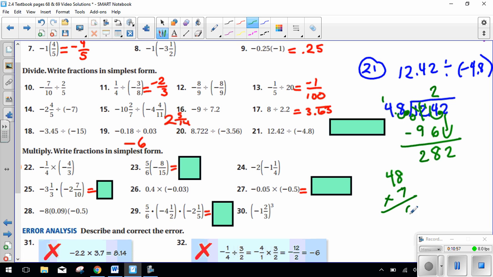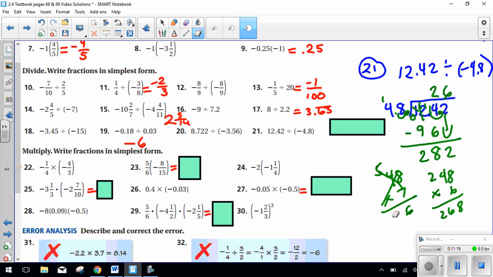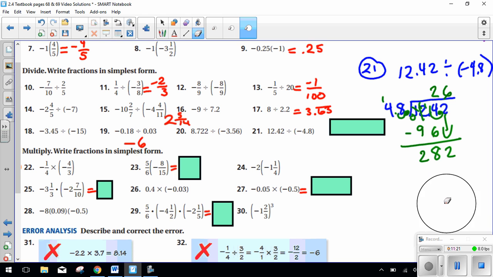Let's try 7. That's 28. Okay, so that's too big. Let's try 6. That's 48. 24 and 2 is 26. 268.